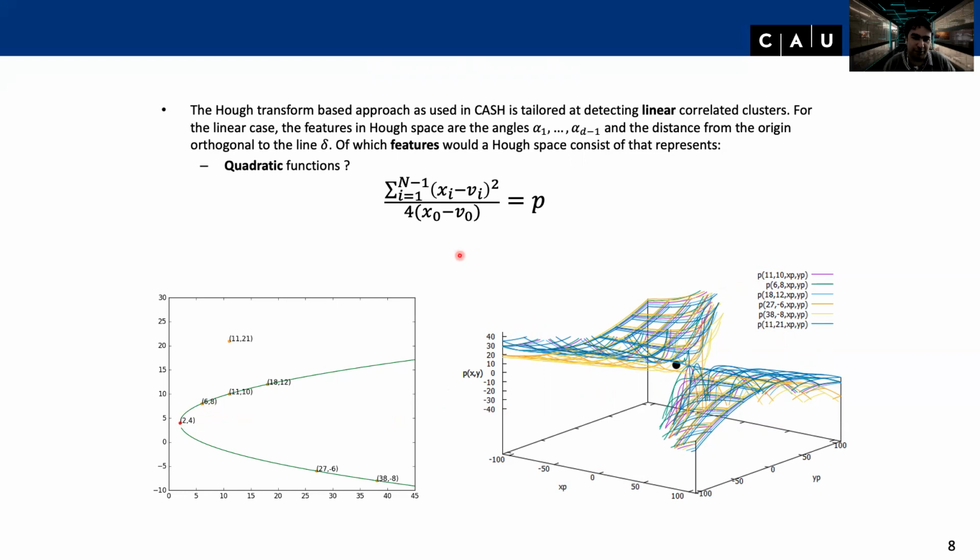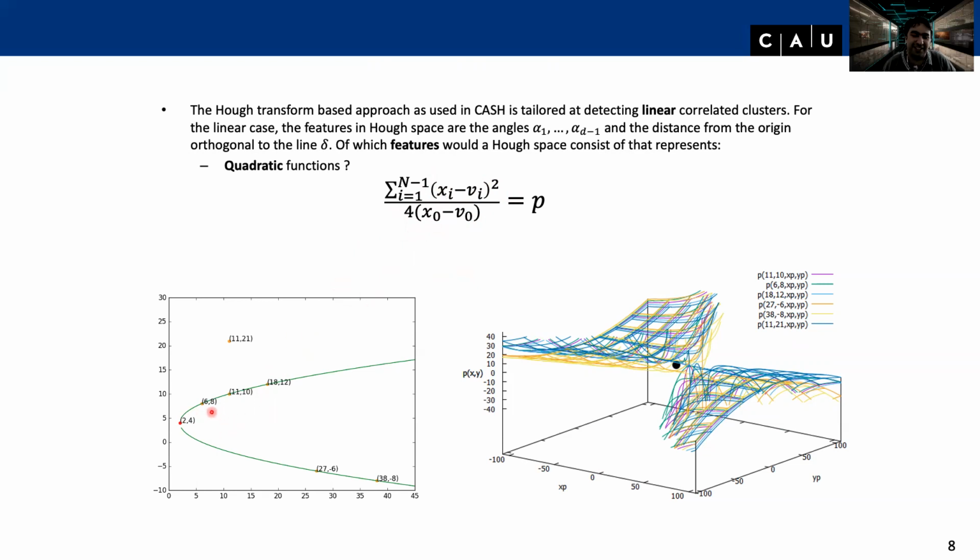And how does the function look like? Well, it's xi minus vi. So you take the object's first coordinate, like 6, minus its vertex, 2, squared, divided by 4 times... okay, sorry.